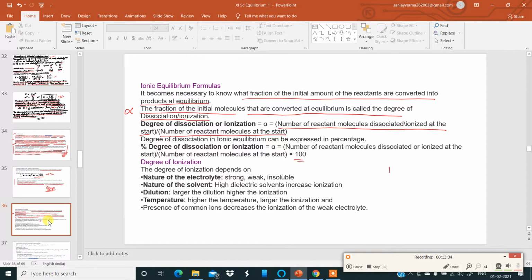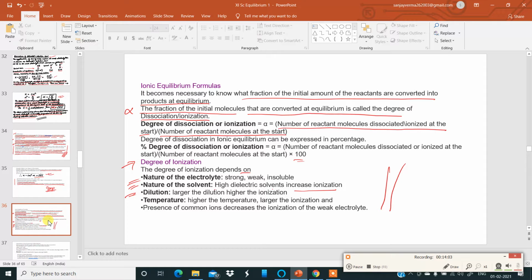Now, remember, the degree of dissociation depends on the nature of the electrolyte, whether it is strong, weak, or insoluble. Nature of the solvent: high dielectric solvents increase ionization. Remember that. If the solvents have a high dielectric constant, they will increase ionization or dissociation of the electrolyte into ions.